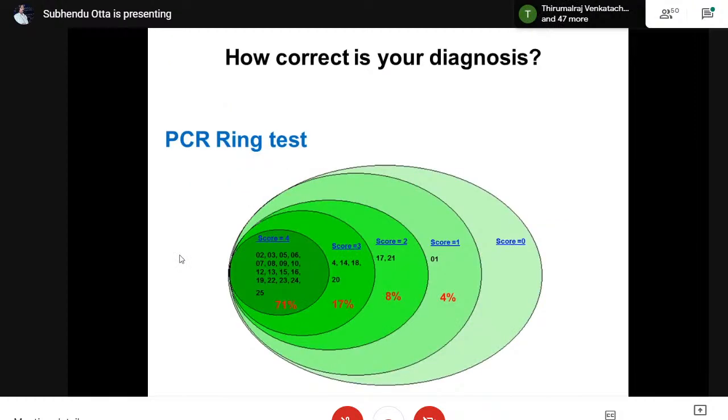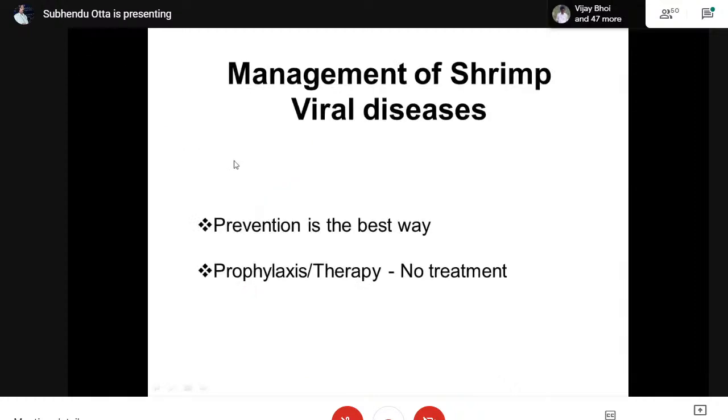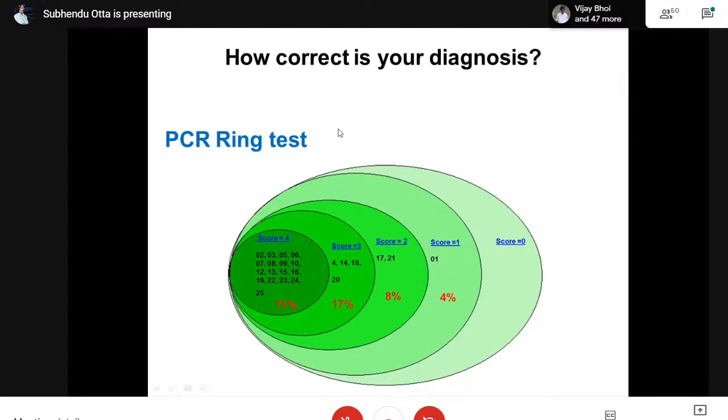Then the next step: suppose you are doing diagnosis, many private labs and many government laboratories are there. How do you check whether all are doing the test correctly or not? There is one method called the ring test, by which you can determine whether the test has been carried out properly or not. What happens here is that one lab serves as a nodal laboratory.